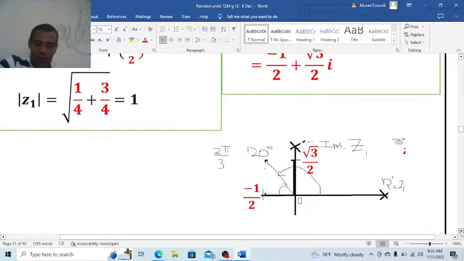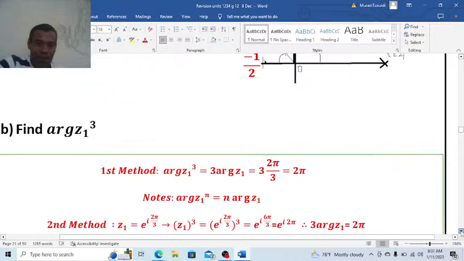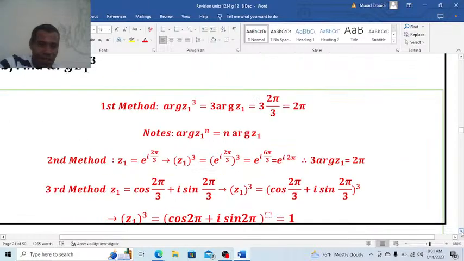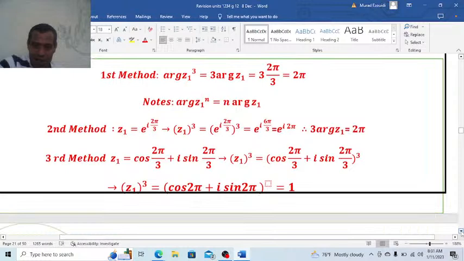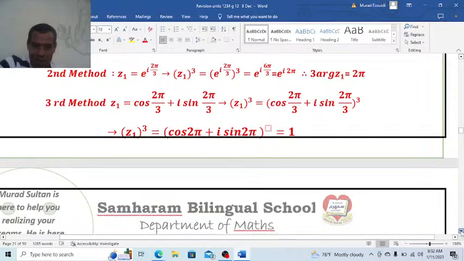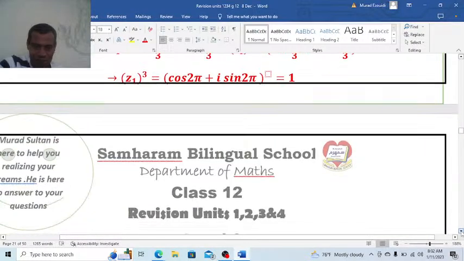Also, if the argument of z is raised to the power 3, 4 and so on, we gave you three methods to work with. At least now you are well prepared with this revision.